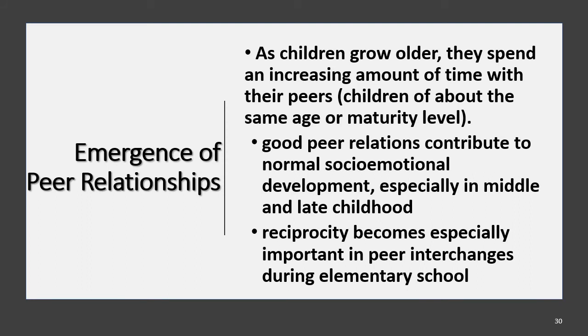This is actually another idea in psychology by a guy named Hartup, and Hartup's idea of reciprocal, I forget what the second word is, but reciprocal interaction or something like that.